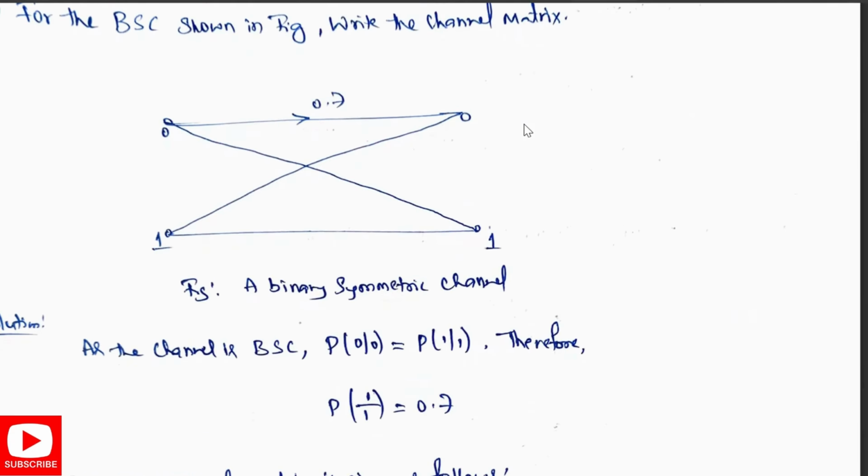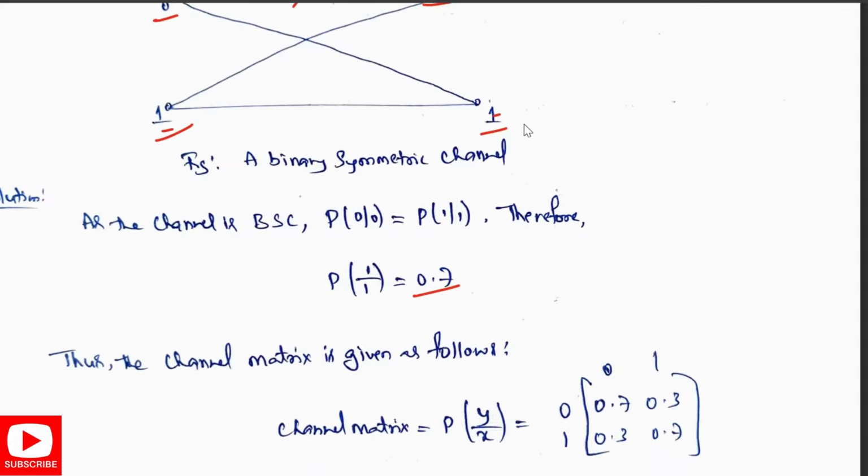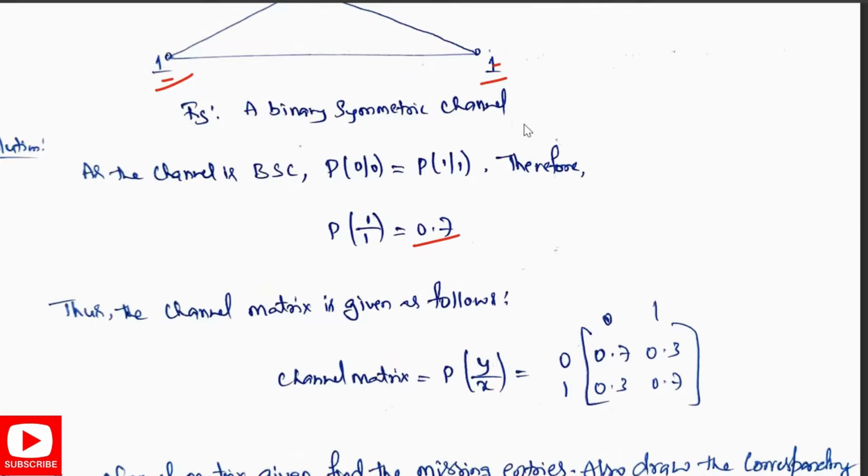In the given binary symmetric channel, binary symmetric means it has an input of 0, 1 only. The probability is given as 0.7. So 0 to 0 is equal to 1 to 1, hence it is 0.7. So the channel matrix will be 0.7, 0.3, 0.3, 0.7. This is the channel matrix.